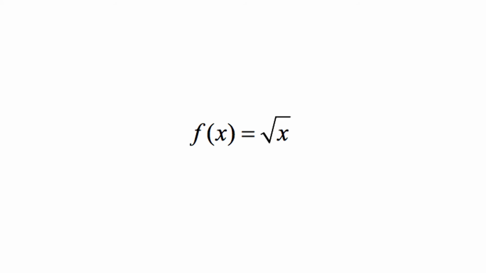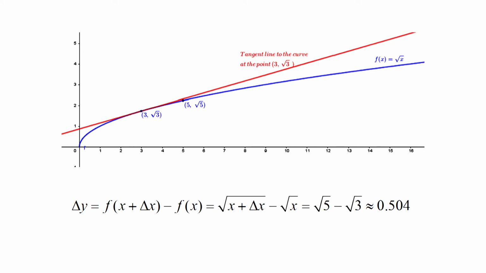As an example, we find dy and delta y at x = 3 with dx = delta x = 2, where y = √x. With f(x) = √x, we obtain delta y = f(x + delta x) - f(x), which is equal to √(x + delta x) - √x, which is equal to √5 - √3, which is approximately equal to 0.504.